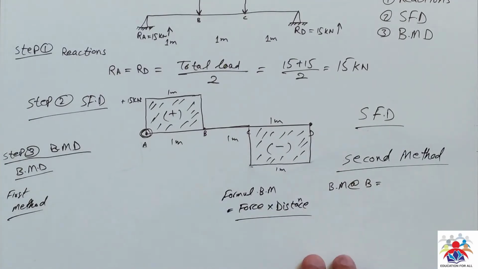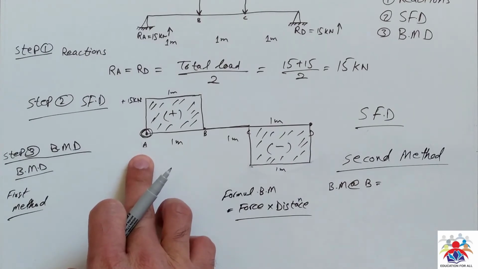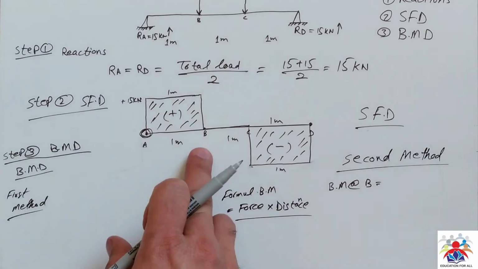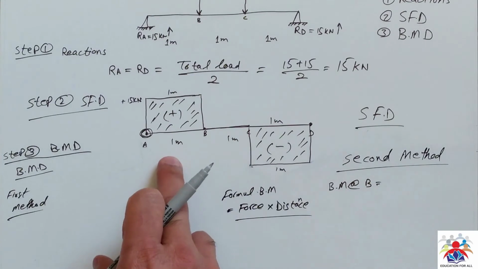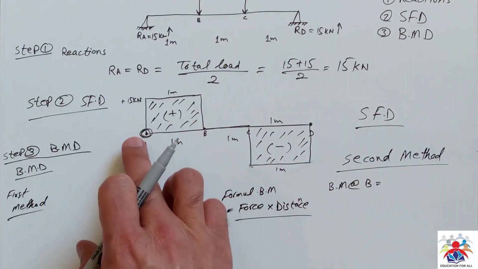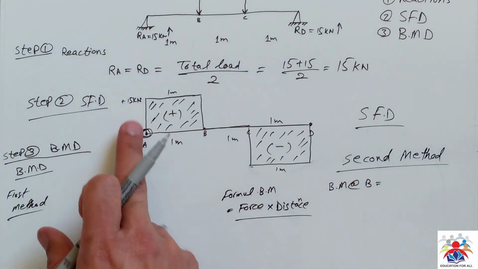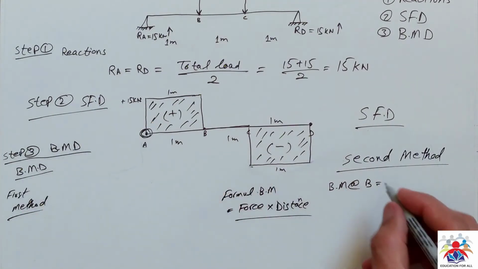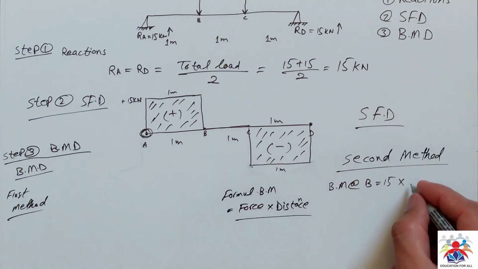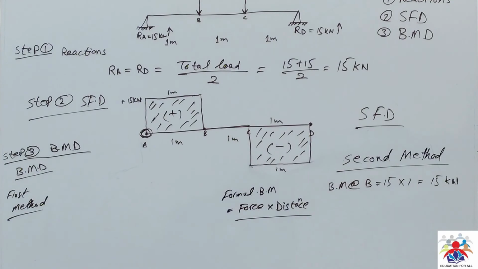Now at point A we don't have any distance. Once we get to point B, we will have a distance of 1 meter. So bending moment will be at point B, not at point A. At point B the force is 15, and to get to point B, the distance is 1 meter. So it will be 15 kilonewton.